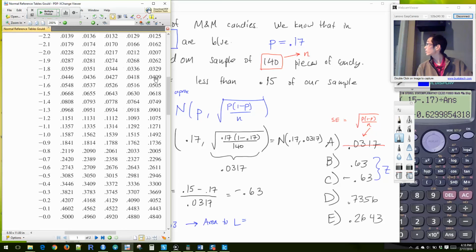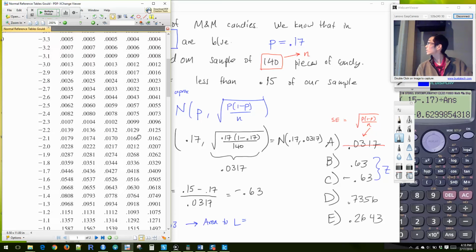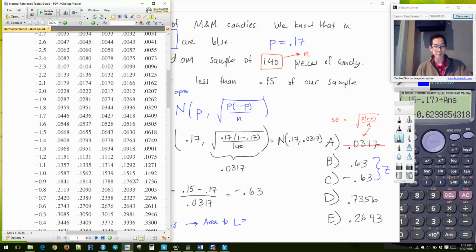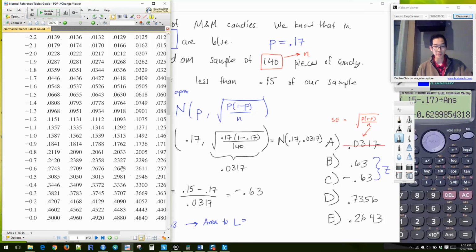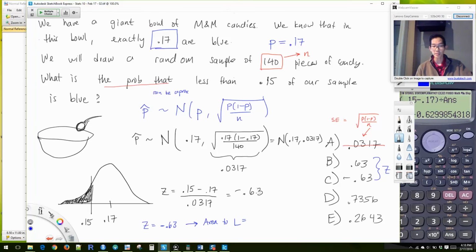This is in the 0.03 column, yep. So negative 0.63 is 0.2643. So the area to the left is 0.2643, okay? The question says, what's the probability that less than 15%? So we are happy with taking the area to the left. And that's our answer, okay?